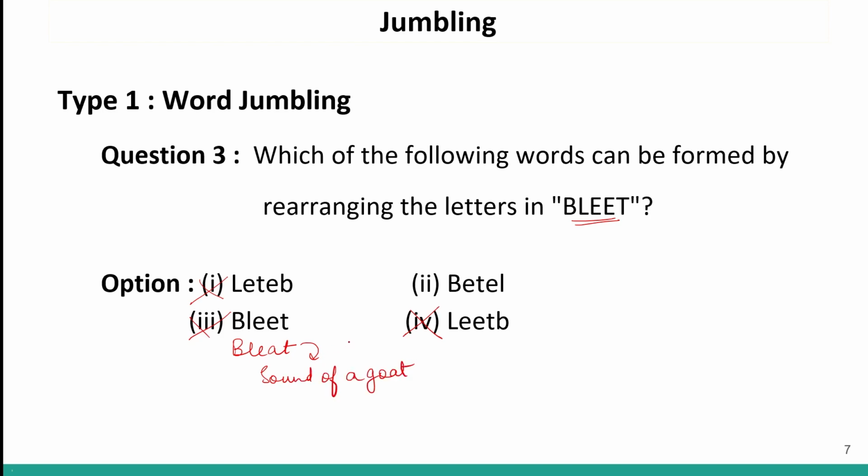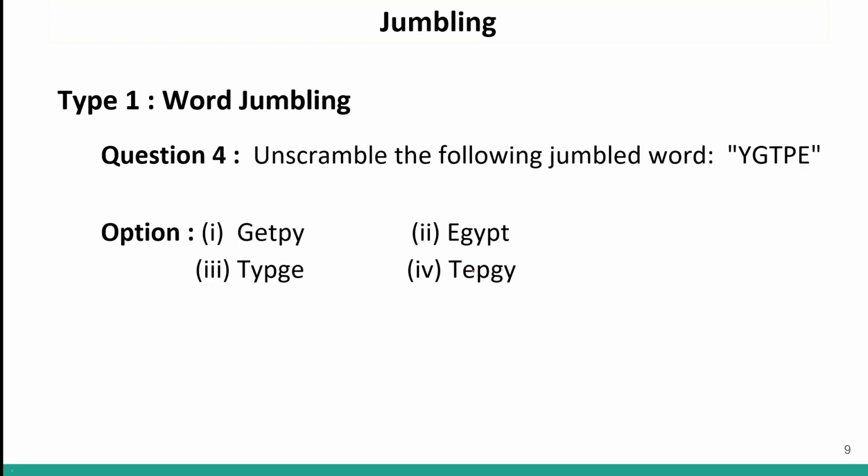But bleat is not a word. Beetle is a word, it means a type of leaf. Beetle leaves, or it is a type of nut also. Beetle nut. So, option number 2 will be your correct answer. Okay? Now, question number 4.